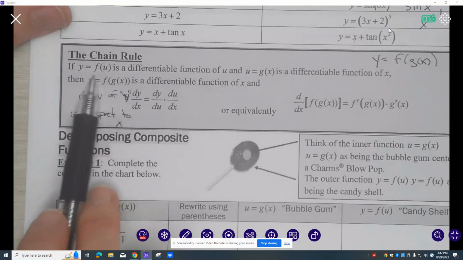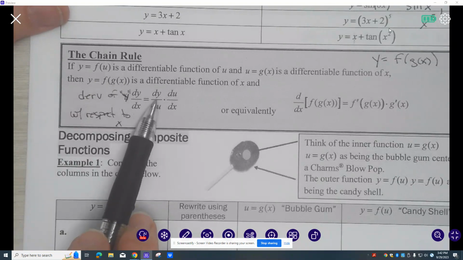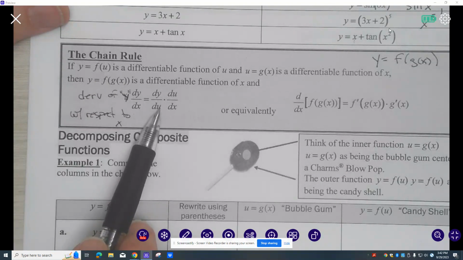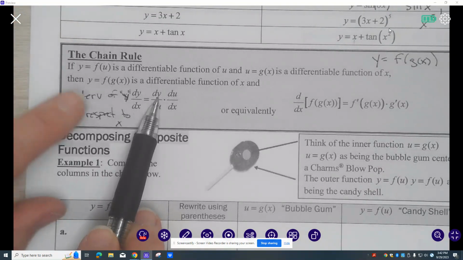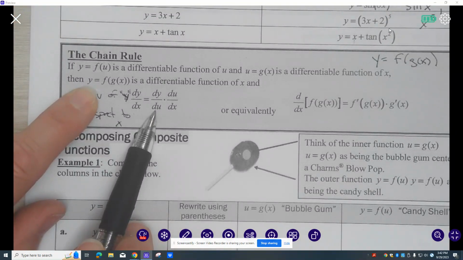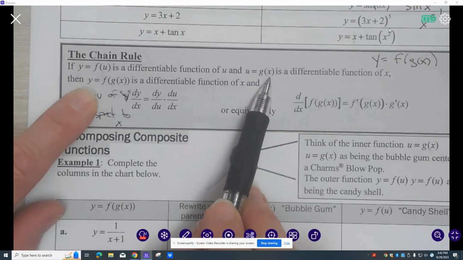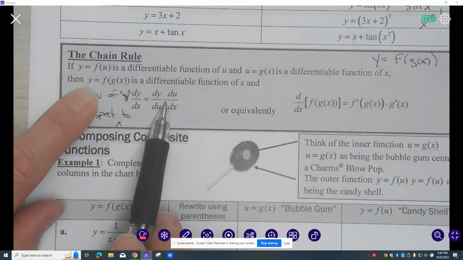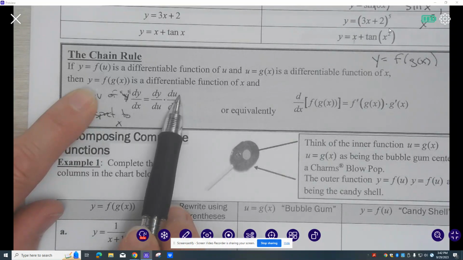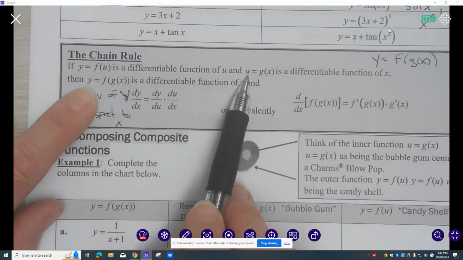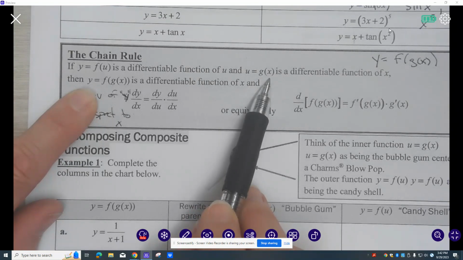So they're saying if you're taking the derivative of y with respect to x, then I'm going to do dy du. This says I'm going to take the derivative of y with respect to u, and remember u is what g of x is equal to, and then I'm going to multiply it by the derivative of u with respect to x.